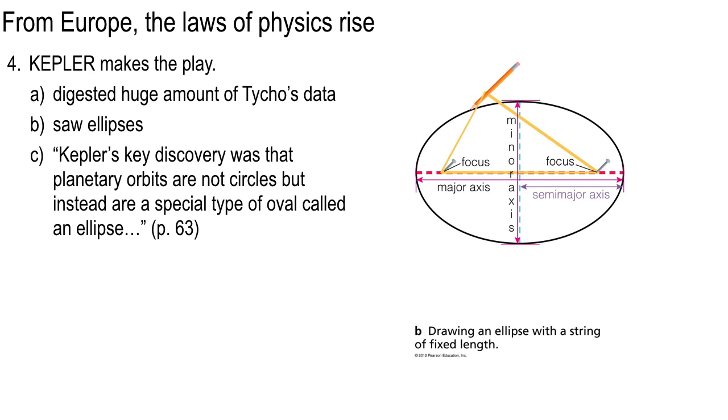And he made the judgment call that, unlike Copernicus, Aristotle and Plato, the planets don't go on circles, they actually go on ellipses. It's his key discovery, according to page 63 in your textbook.